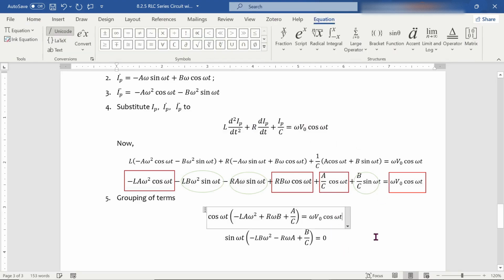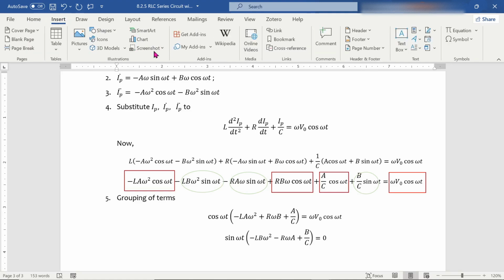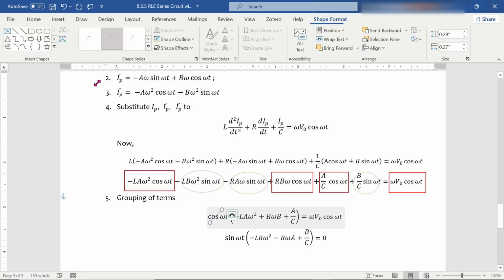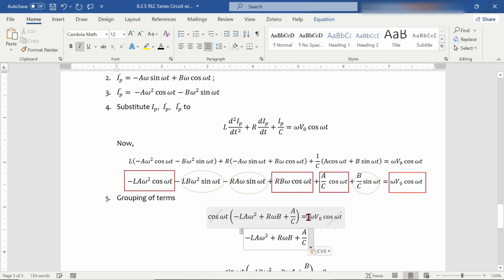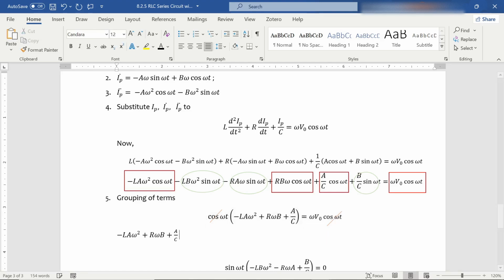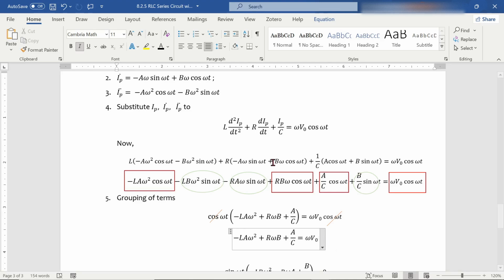Now, of course, we can cancel out cosine in the equation above, and the same for the right hand side, so what's left for this equation is only this one, equals omega V naught.